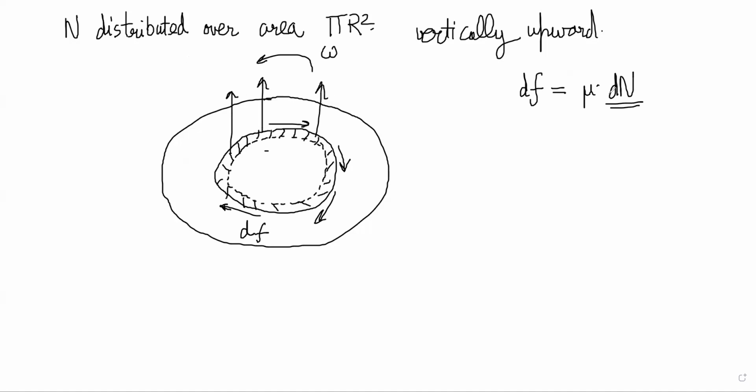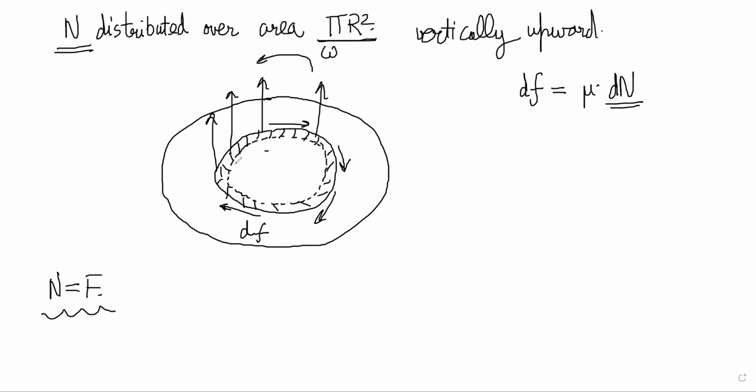And how do we calculate this normal force? We know that the total normal force N was equal to F by pi r square. Actually, N was equal to F, and F was distributed over the whole area. So what we can say is N is also similarly distributed over the whole area.